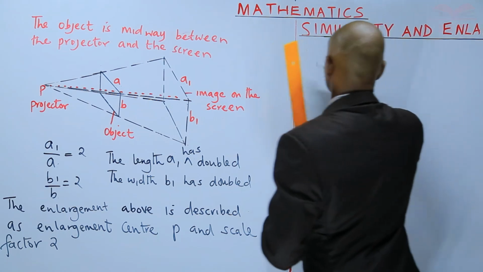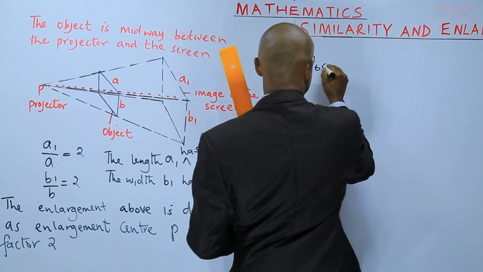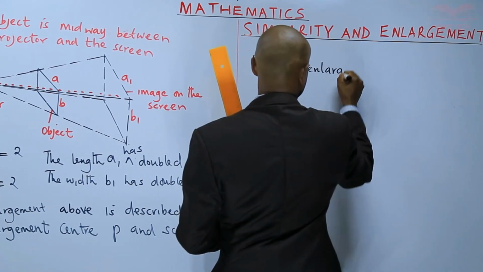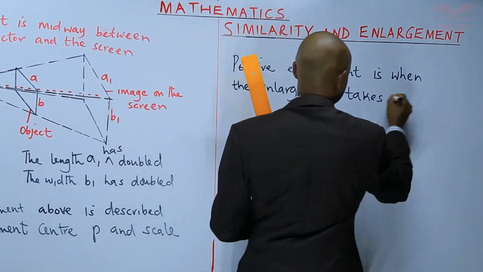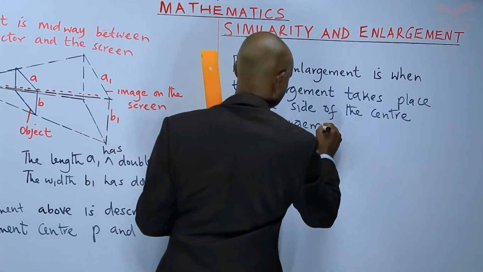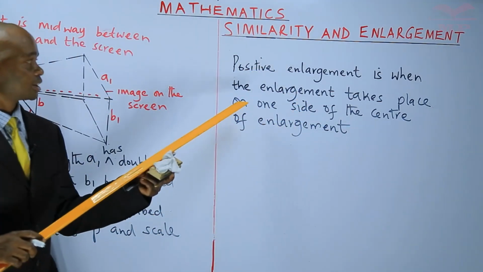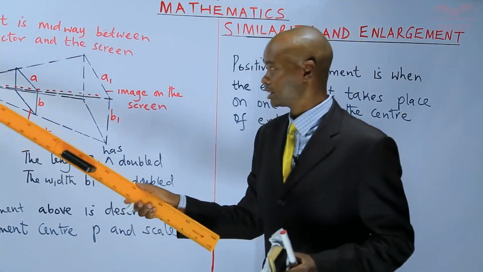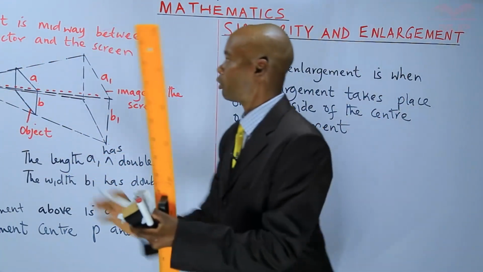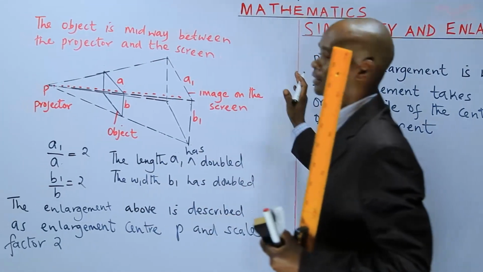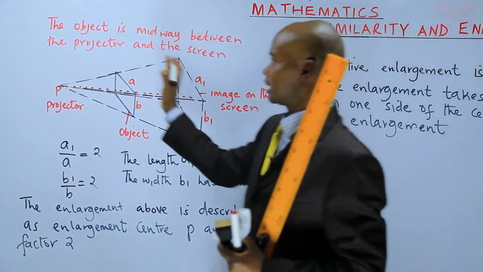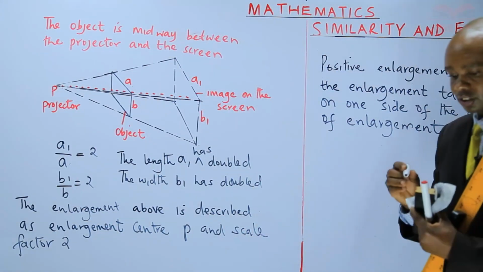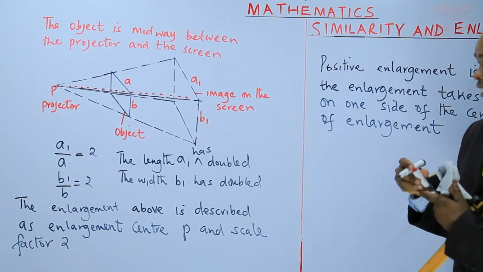Positive enlargement is when the enlargement takes place on one side of the center of enlargement, like it has taken place only on this side. We don't have the image on the other side and the object on the other side. Such a case is called positive enlargement.